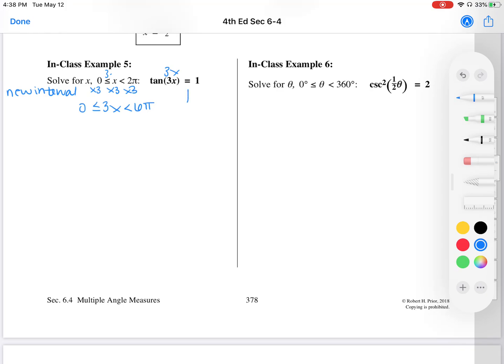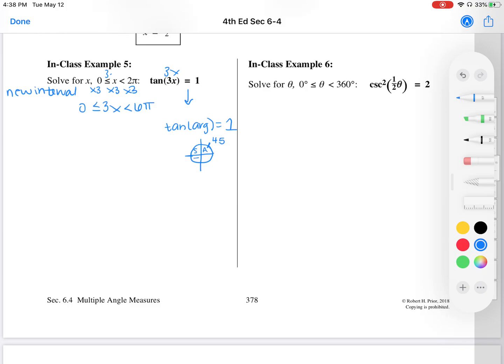And I'm going to change this to arg. So I have tangent of arg is equal to 1. So when is tangent 1? You can take a look at the unit circle and see that tangent is 1 at 45 degrees in quadrant 1, and it repeats again in quadrant 3.